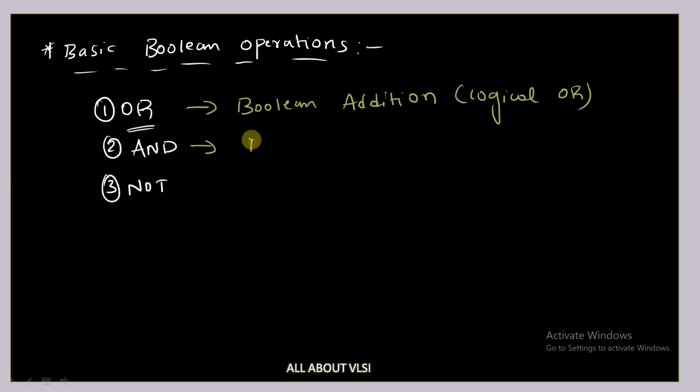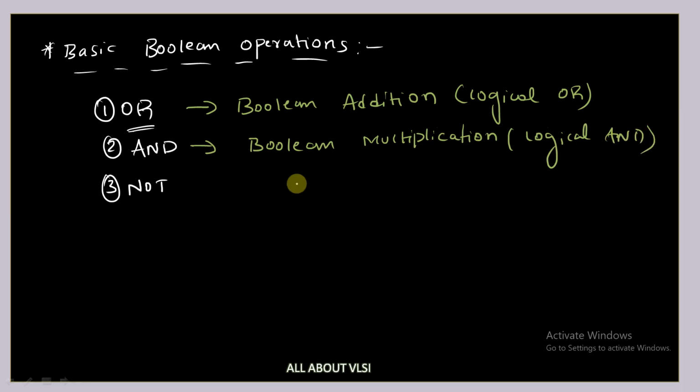And the AND operation is also known as Boolean AND, or Boolean multiplication also you can say, and it is also known as logical AND. And coming to the last one, the NOT operation, it is also known as the logical NOT operation.